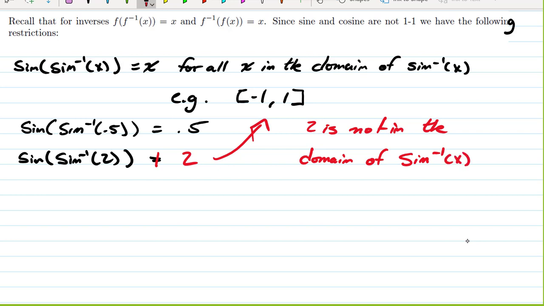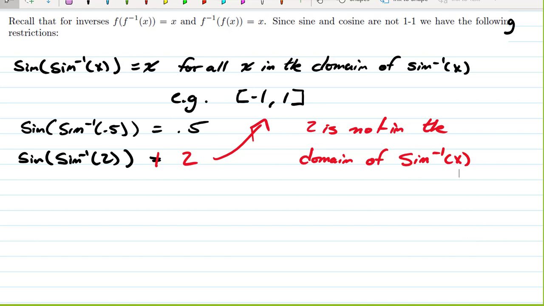So we can't get overly simple about this and cancel them out. Since they're not one-to-one functions, we have to be careful and only do it if things are in valid domains.